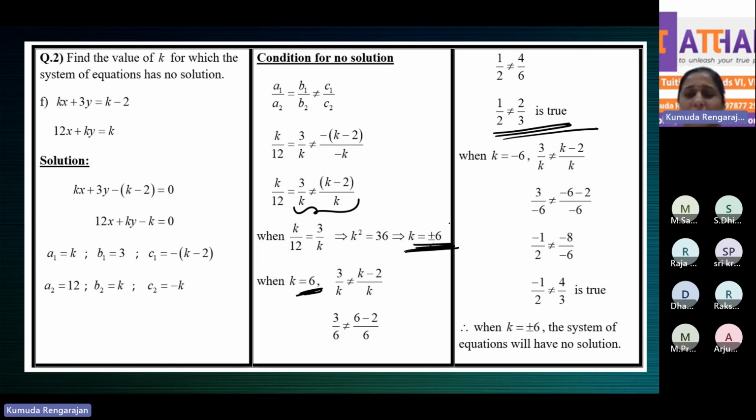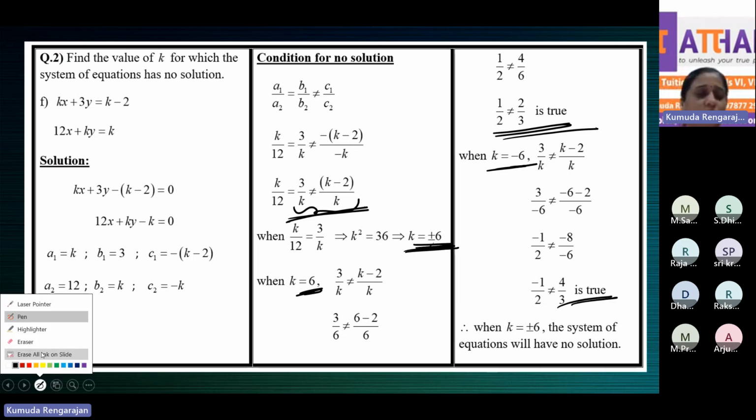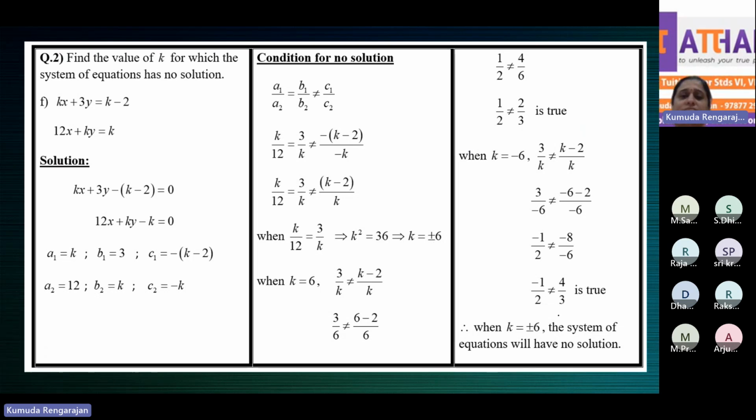And when you check k equal to minus 6 with the second part, you again get a true statement. So both are true, so both the values are fine. K square is equal to 36, k is equal to plus or minus 6. Now we'll have to check the second part for plus 6 and minus 6. You must get a true statement. Yeah, this is true. This is also true.